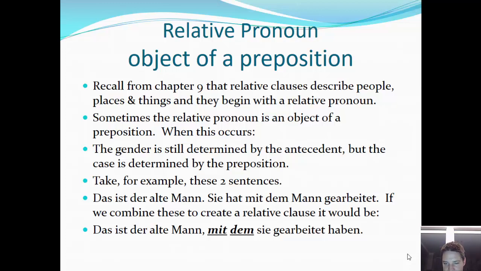This seems a lot trickier than it is, because we know that Mann is the antecedent, and the preposition is already provided to you. So you have to look at sie hat mit dem Mann gearbeitet. So it's mit dem, sie gearbeitet haben. You're basically just breaking it down and simplifying the sentence.